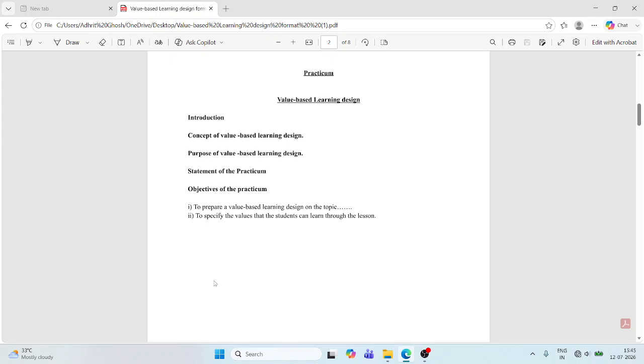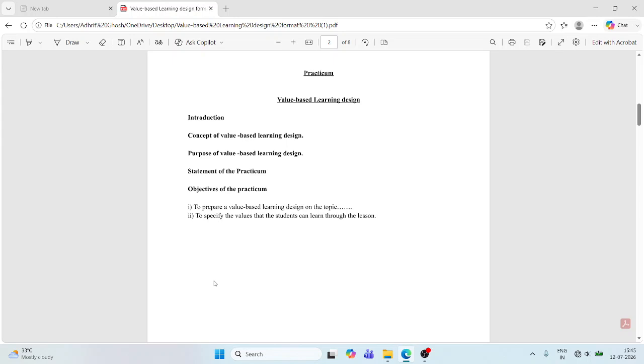What happens with the other subjects? You have to identify those topics through which certain values can be developed. For example, in case of history, in fact all events in history teach us certain lessons.